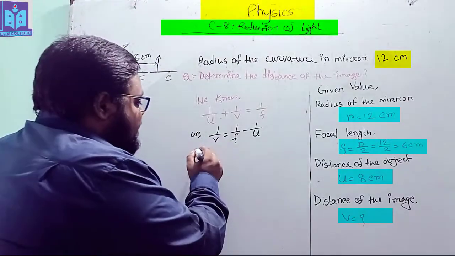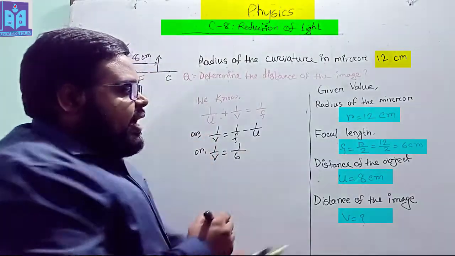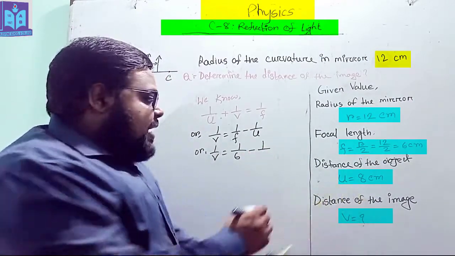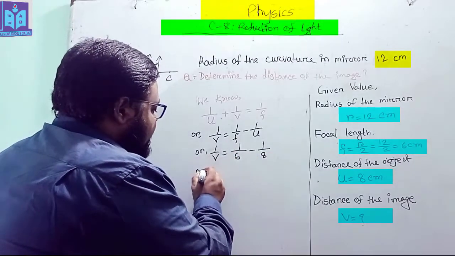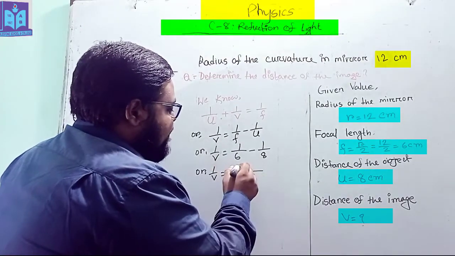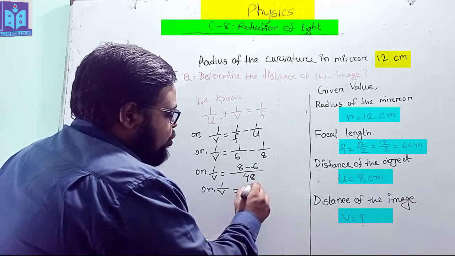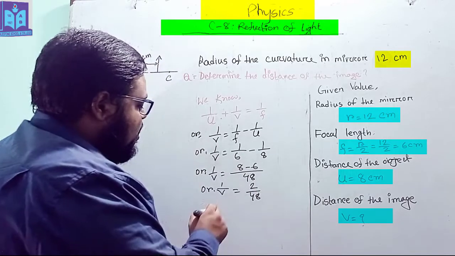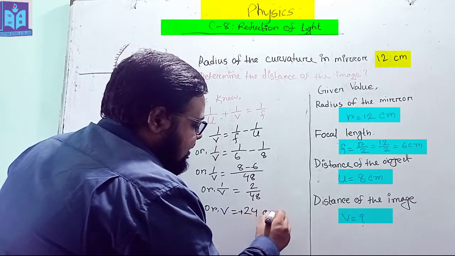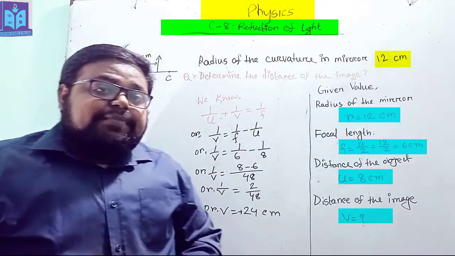Now if I put the value of F equals 6 cm, and U, the distance of the object, is 8 cm, and if I calculate this equation, then we will get 1 by V equals 2 by 48, or V equals plus 24 cm.